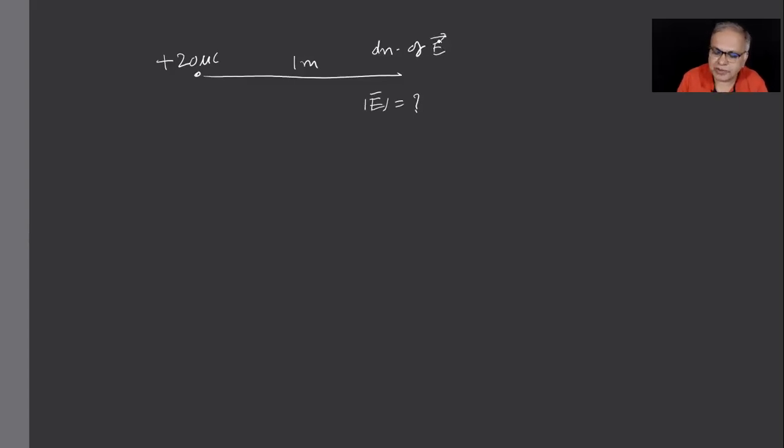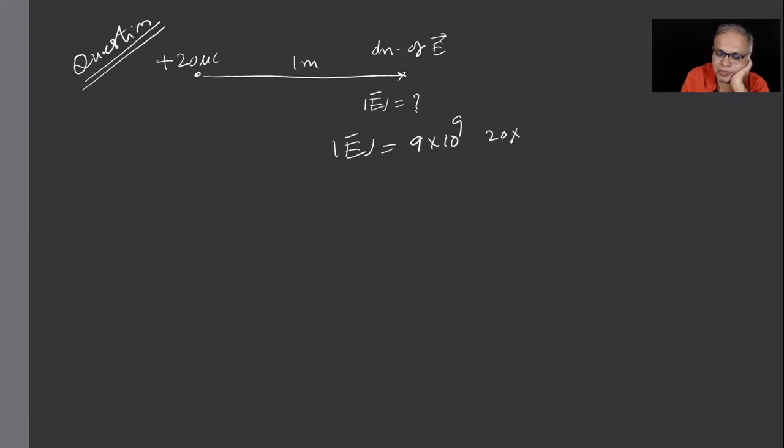Tell me, children. Sai Bharat, what is mod E here? At this point, mod E equals 9 into 10 to the power 9, Q is 20 into 10 to the power minus 6.